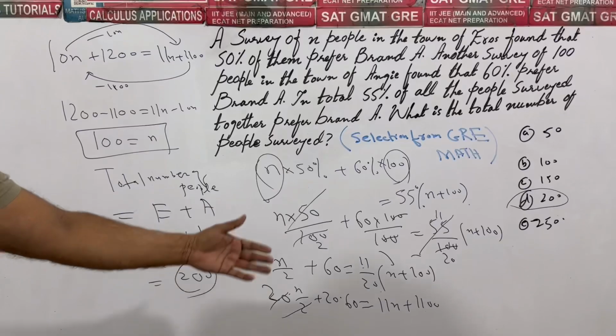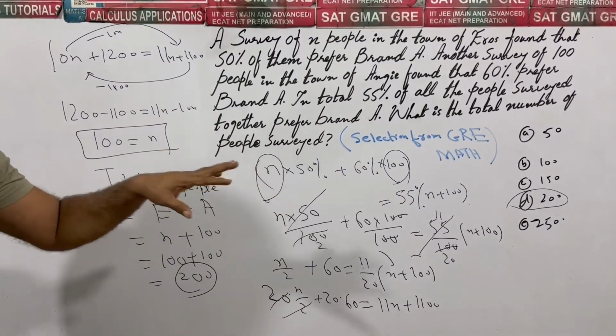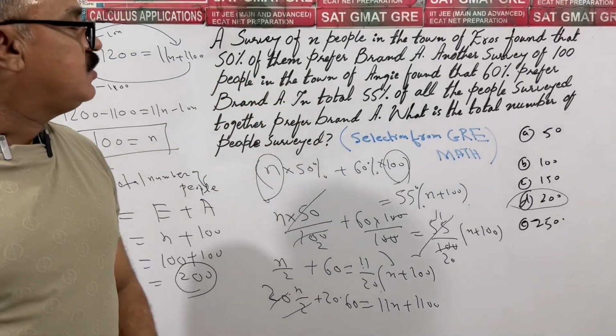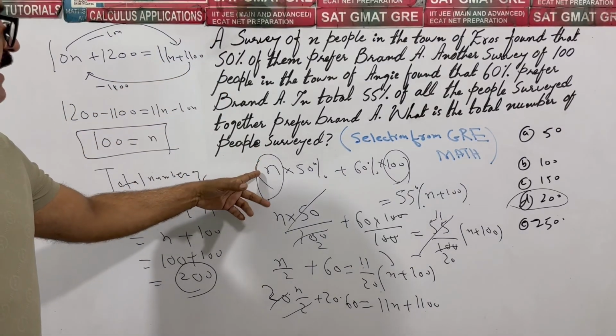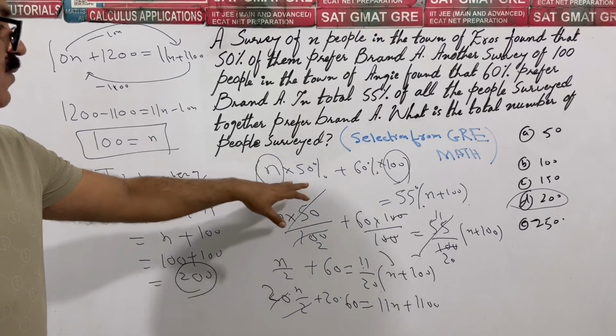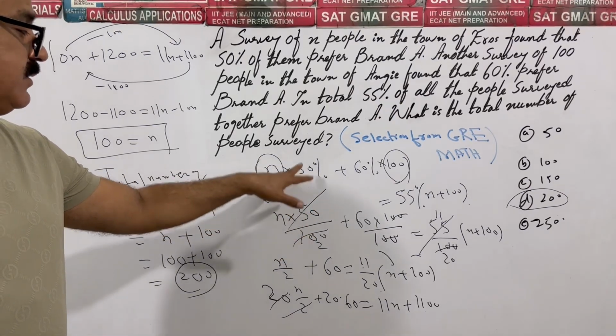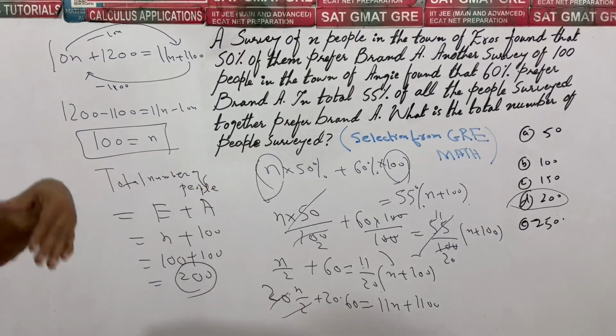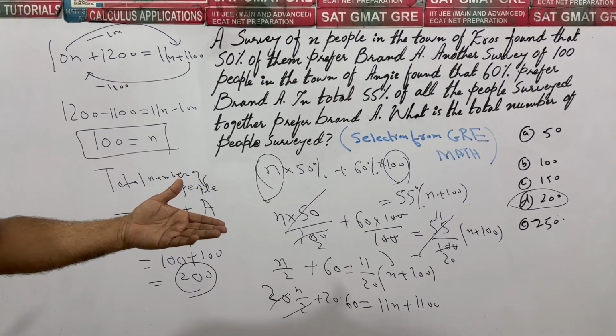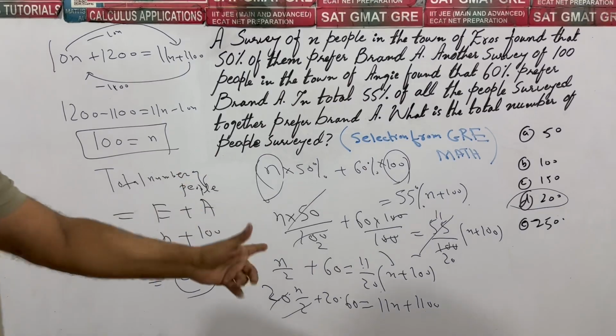Option D, 200. Let me explain to you again. A survey of N people showed that 50% of them prefer brand A. What is half of N? It's N over 2 obviously, or one can calculate with simple arithmetic, remove percent, divide by 100. And from town NG, 100 people have been surveyed, 60% of 100, obviously it is 60.